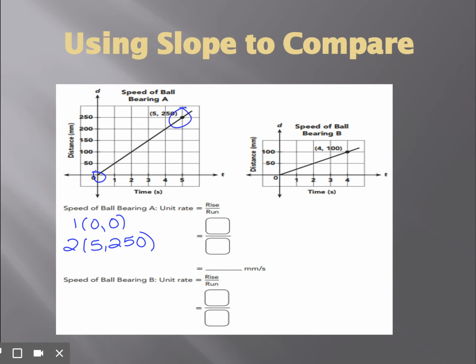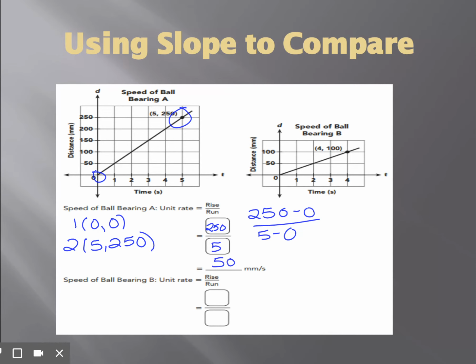It's always meant to be a little easier. So I'm going to calculate it by doing y2, 250 minus y1 of 0, and x2, 5, minus the x from point 1, which is 0. So that would be 250 over 5. And then if I do that division, I actually get 50 millimeters per second.